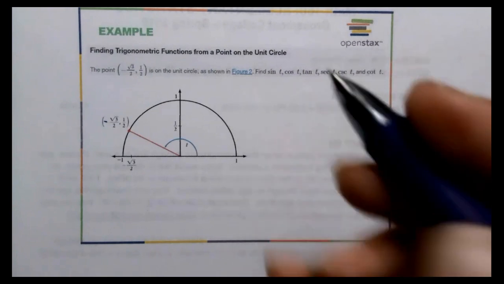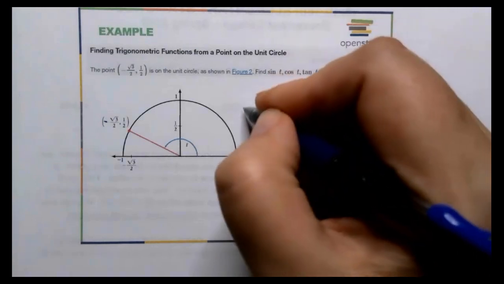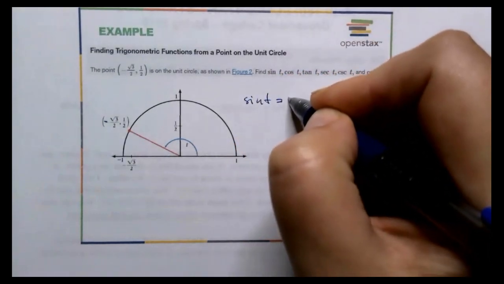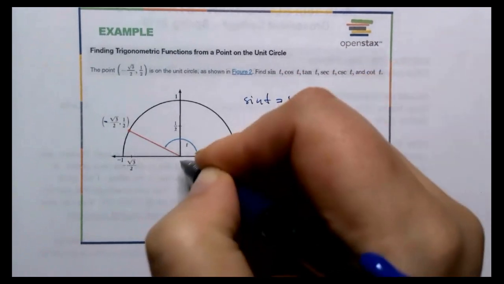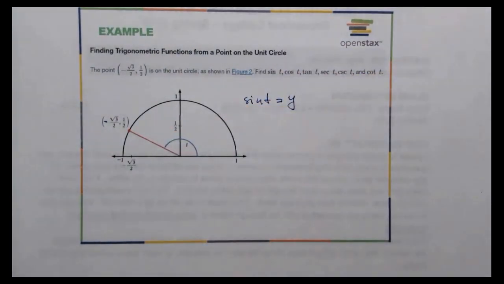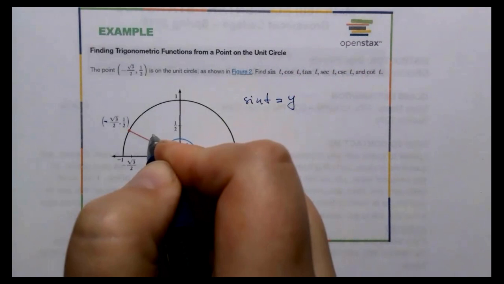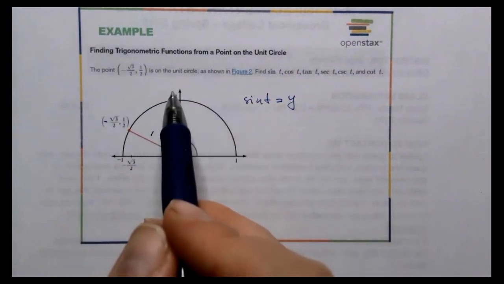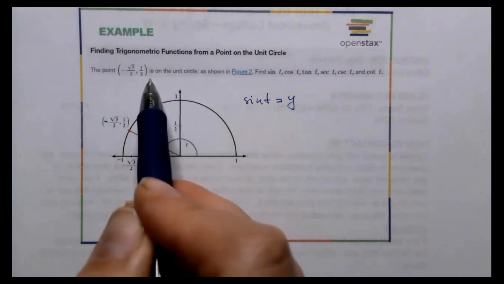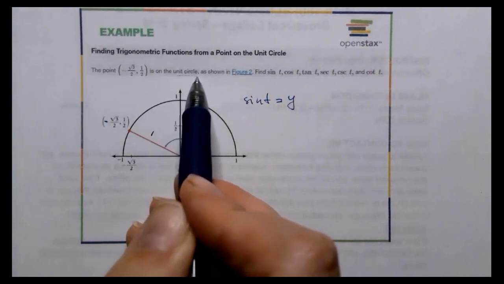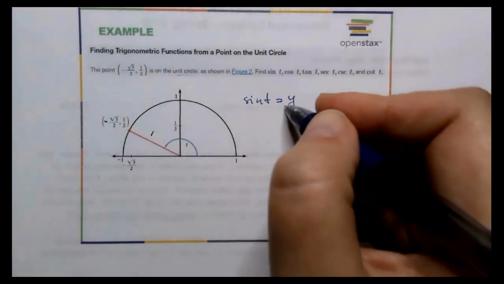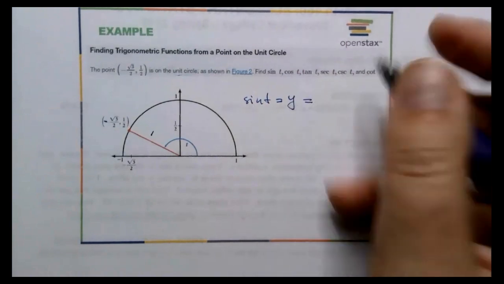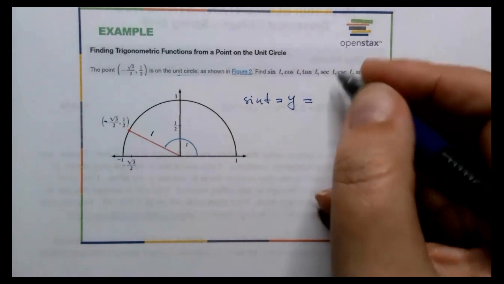First, sine t equals the y coordinate if it is a unit circle, meaning our radius equals 1. Otherwise we would have to divide y by r, but in this instance, we're good to go.